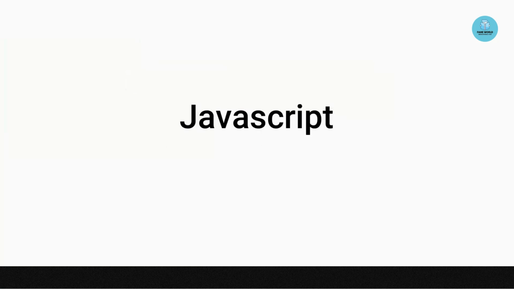So let's do it. As I told before, JavaScript is a programming language, and Java and JavaScript are different. There are multiple frameworks of JavaScript like React JS, Angular, Vue, Node. These all are frameworks, and they have their different implementations. There are different JavaScript engines to run the JavaScript code.